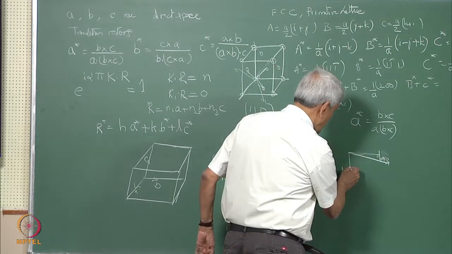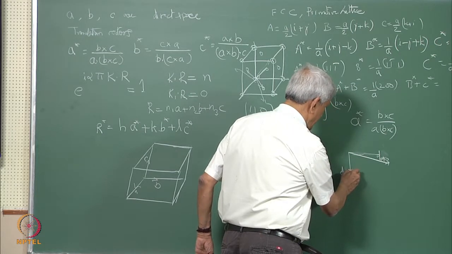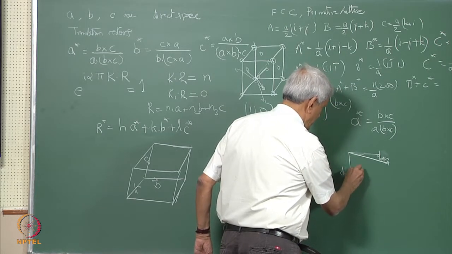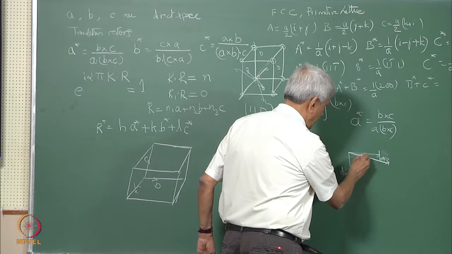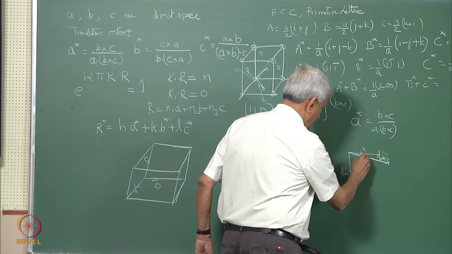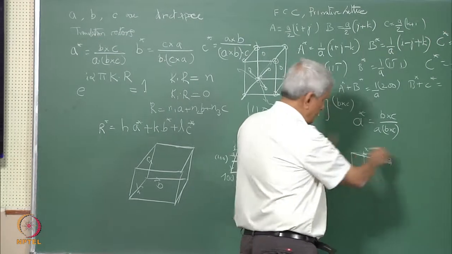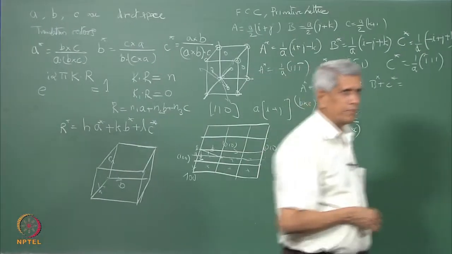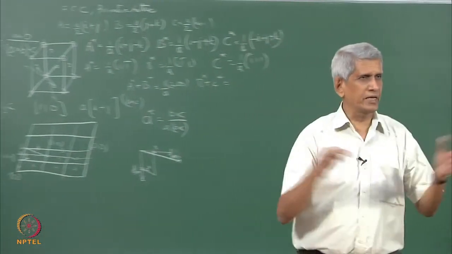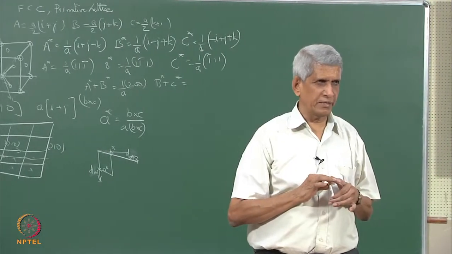Suppose this point we take as here, this is the vector corresponding to A star, the other one will come here as B star, and if we do vector addition with the unit cell, by vector addition we can generate all other points and construct the reciprocal lattice.